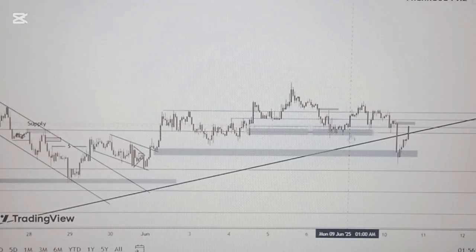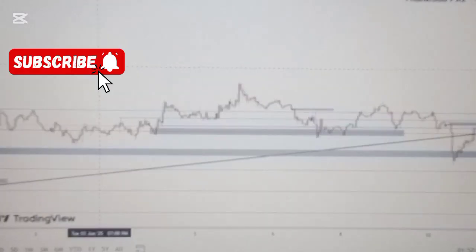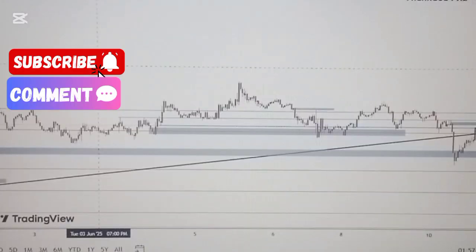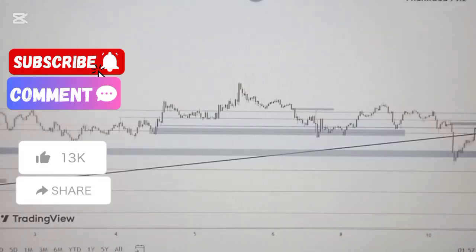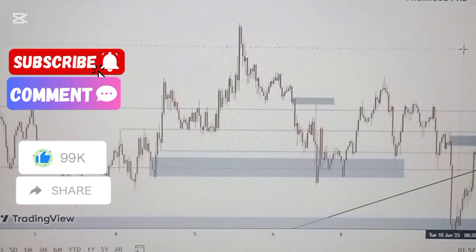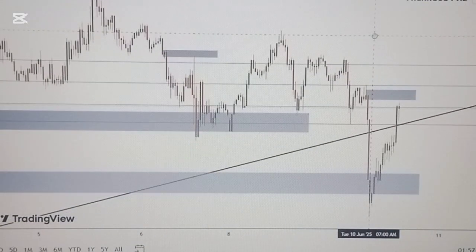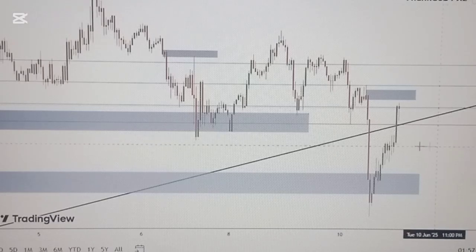Let's analyze this market and go to the 15-minute time frame to look out for what we should have right now. If you watch on the 30 minutes time frame here, you will understand that the same confirmation we have on the 1 hour time frame is the same confirmation we're having here too.